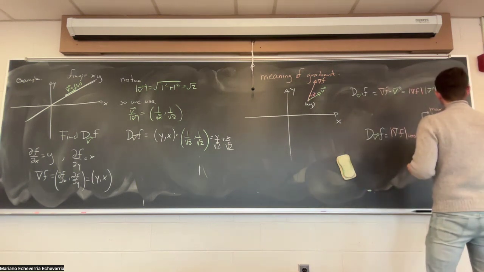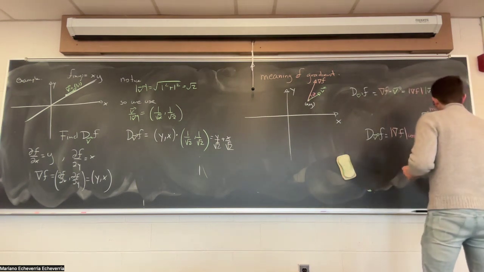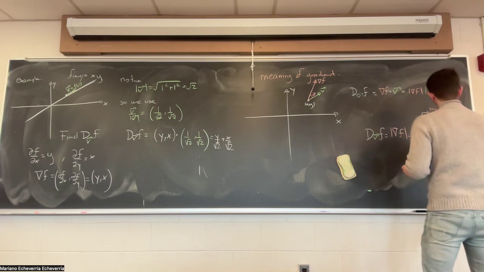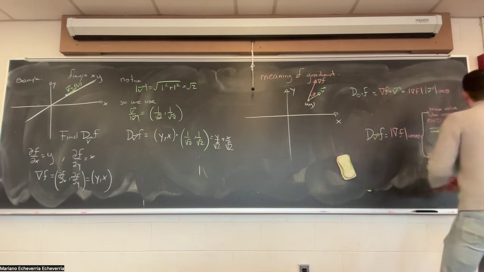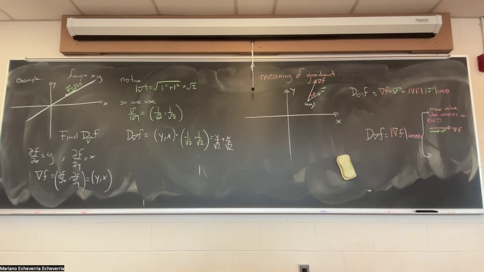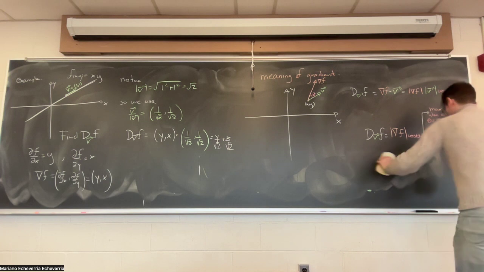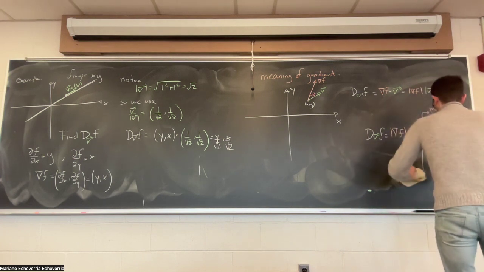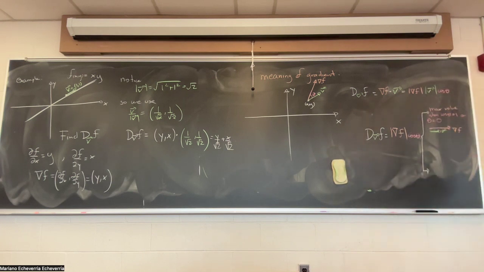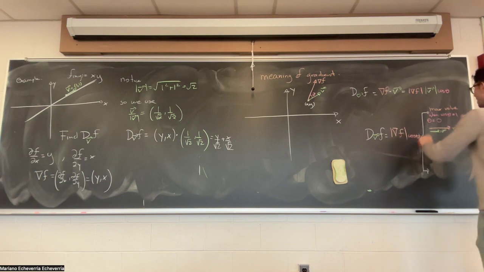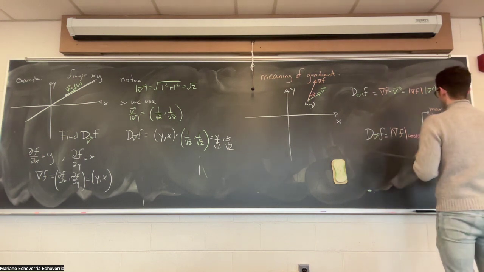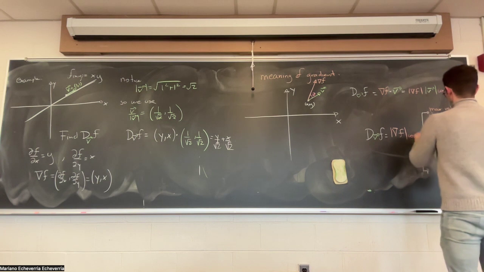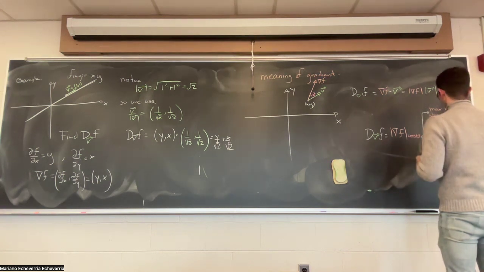You have the gradient, and then you have the direction v. And so that's when the angle is 0. So the maximum value of the directional derivative occurs when the direction is parallel to the gradient.